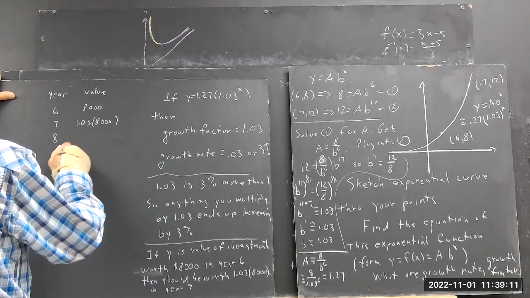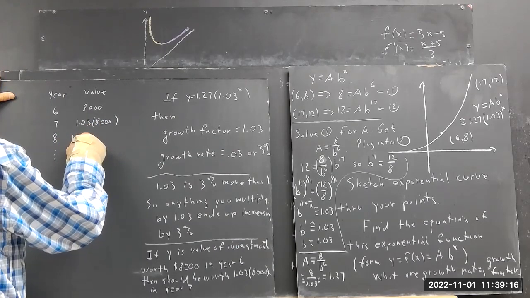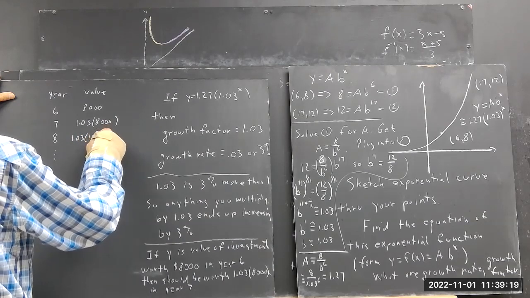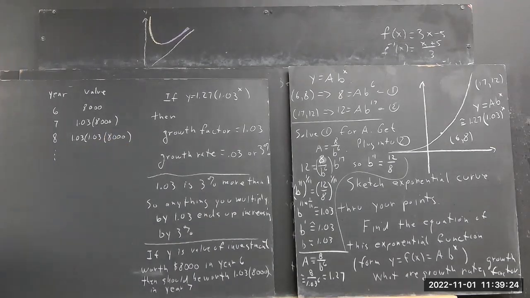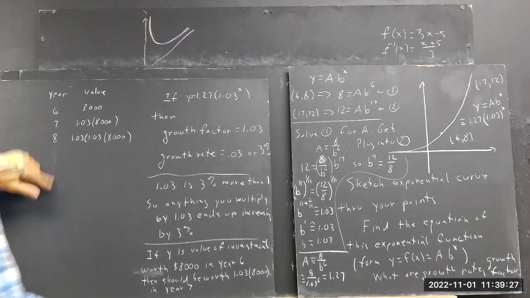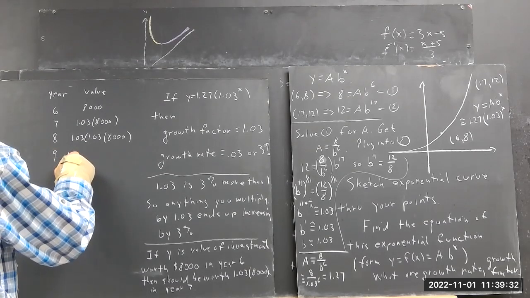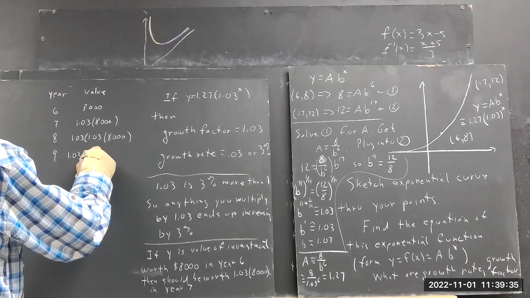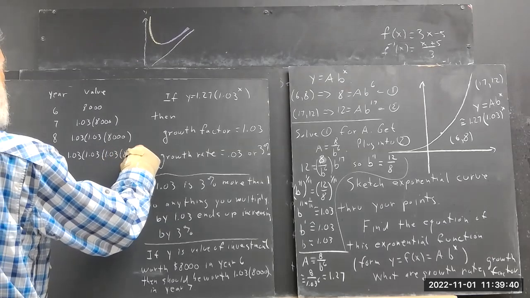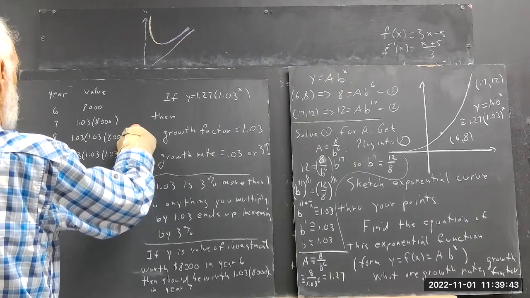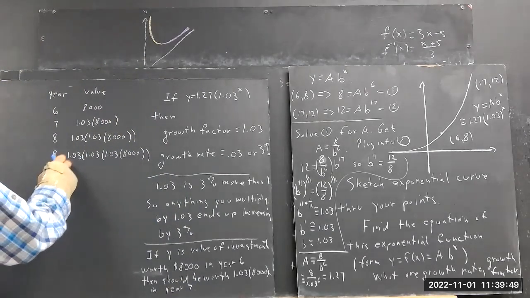Then in year 8, we multiply this by 1.03. In year 9, we multiply by 1.03 again.